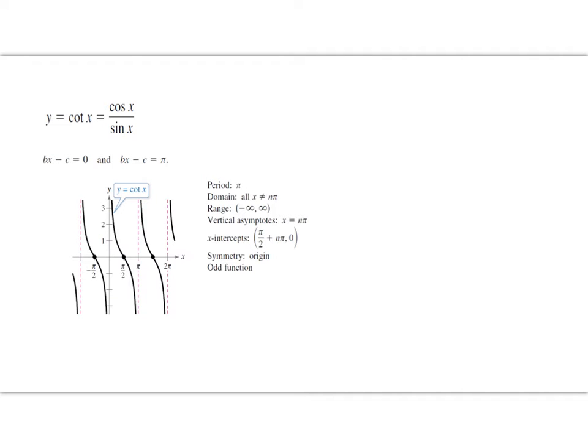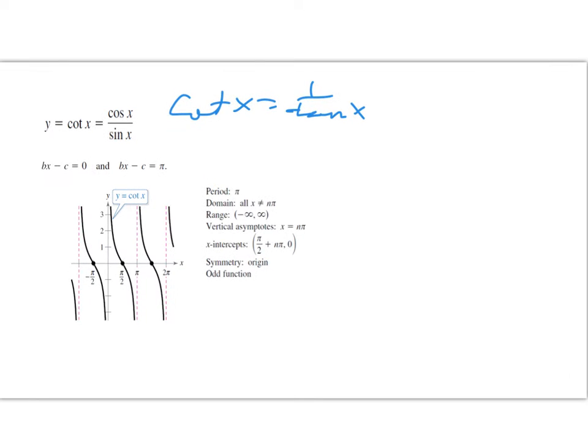So this is the cotangent, and if you remember, the cotangent is cosine over sine. Also, the cotangent of x is equal to 1 over the tangent of x. So think about this.